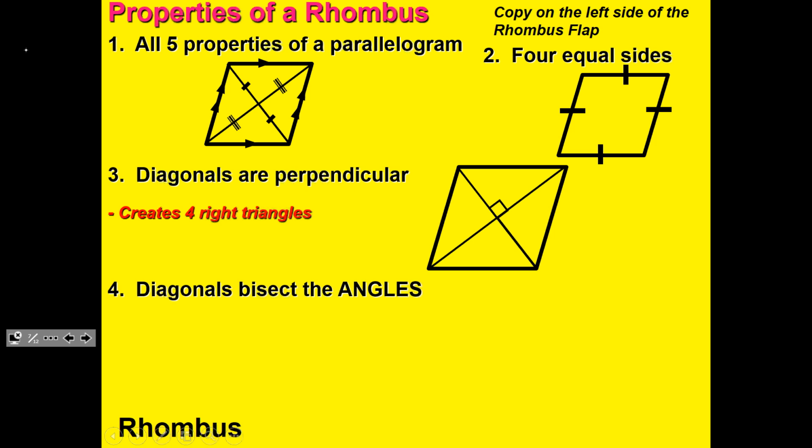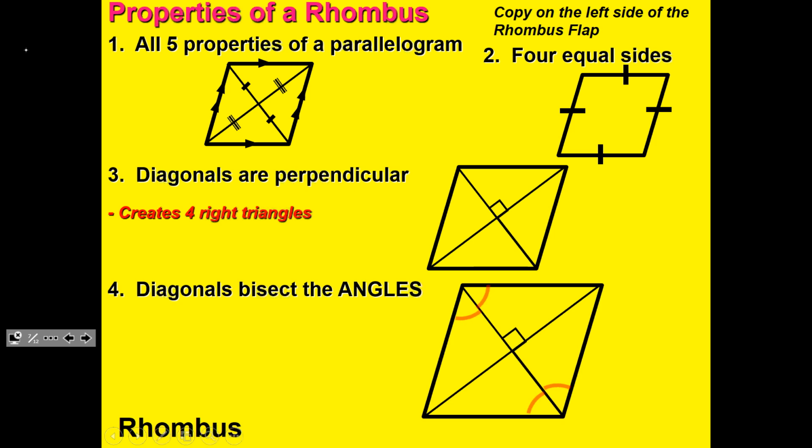Diagonals will bisect the angles. So it's referring to the angles here in the corners. Okay? It's saying it's going to bisect those, which means what? Very good. So, if they told you that this angle is 20, you're automatically going to know the other is 20.